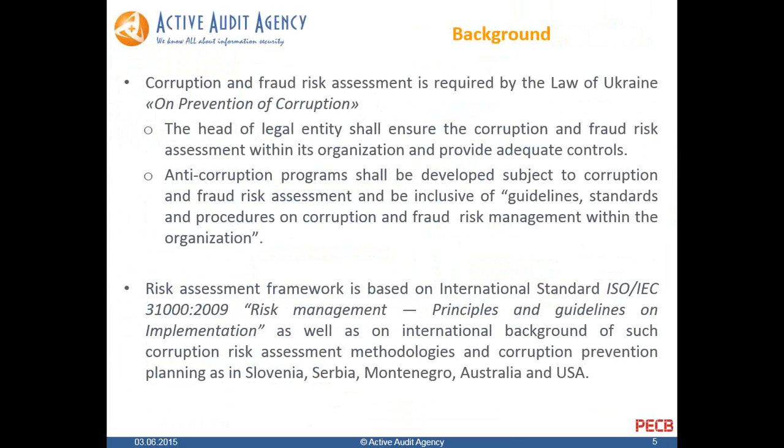According to this legislation, the head of legal entity shall ensure the corruption and fraud risk assessment within its organization and provide adequate controls. Anti-corruption programs shall be developed subject to corruption and fraud risk assessment and be inclusive of guidelines, standards, procedures on corruption, fraud risk management within the organization.